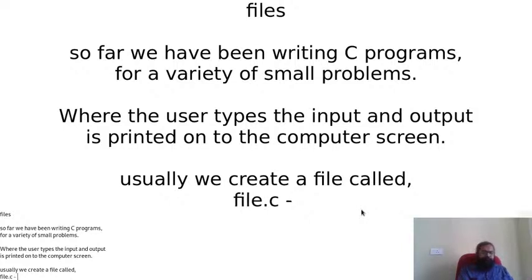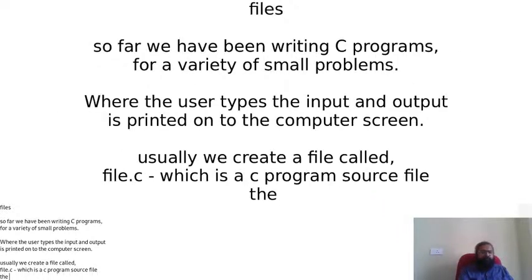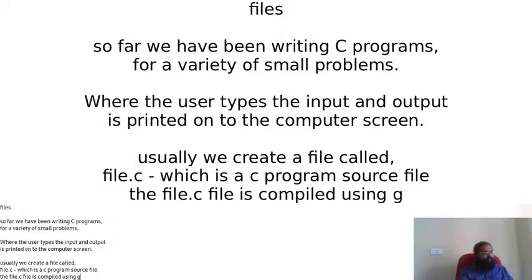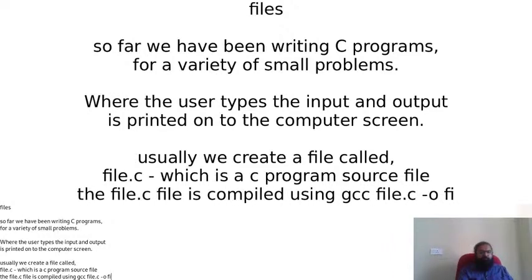So far that's what we were doing, and usually we create a file called file.c, which is a C program source file. The file.c file is compiled using gcc file.c -o file.